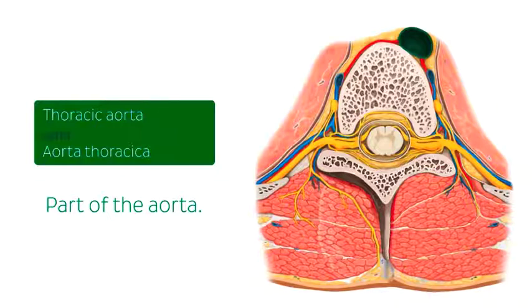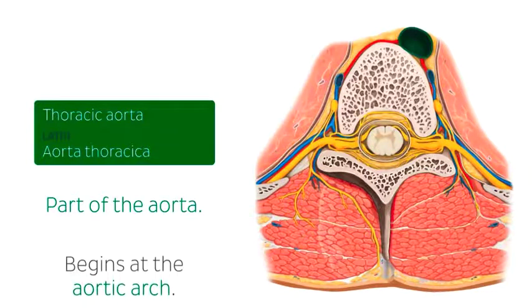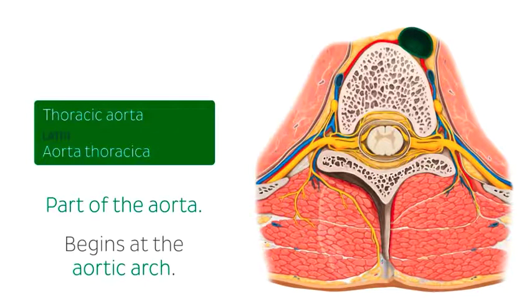The thoracic or descending aorta starts at the aortic arch and runs down through the chest and abdomen. Like I mentioned, this artery is not directly relevant for the spinal cord, but it can be found in its vicinity. We're not going to go into a lot of details, but I just wanted to locate this structure on this image.